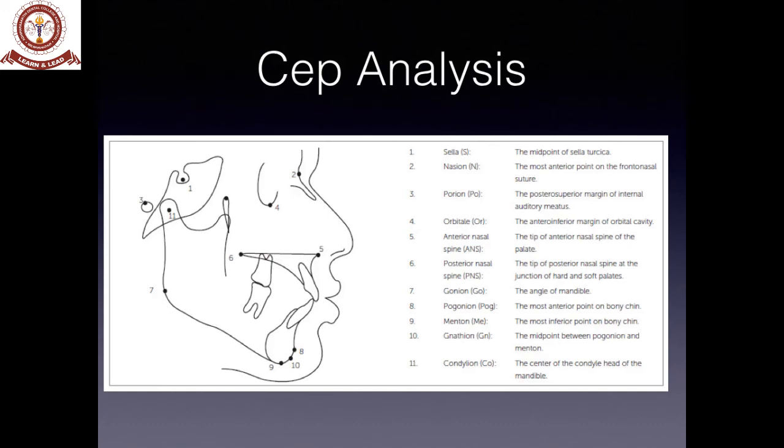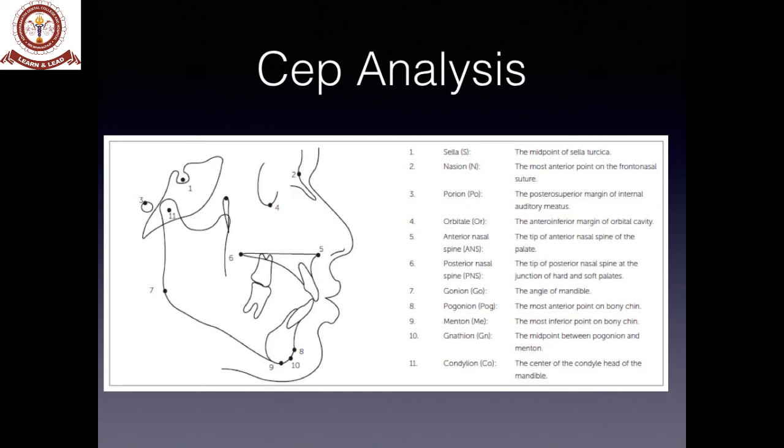So what we do with the cephalometric radiograph, we place a tracing sheet, and then we mark all these points. We trace the face, we trace the maxilla, mandible, mark all these reference points, and then measure the angulation of the maxilla, mandible, the incisor angulation, the length of the mandible, the position, the FMA.